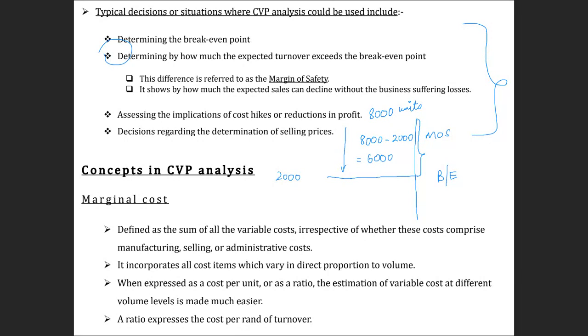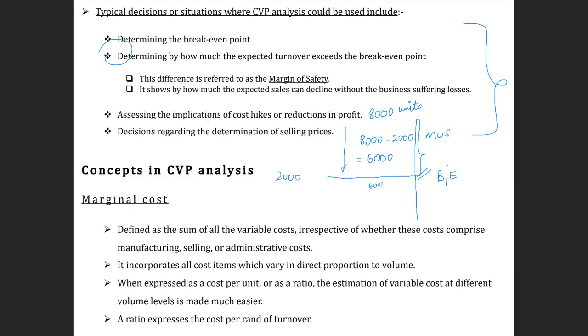But once we reach that mark of 6,000 units less being produced, after this, if we go to 6,001 units less being produced, we'll now start to incur losses. So your margin of safety is saying to you that the business is safe up until the point where production decreases by 6,000 units.